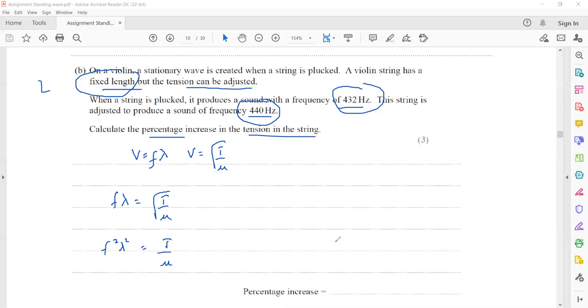Or, the second way, we can just use the values.